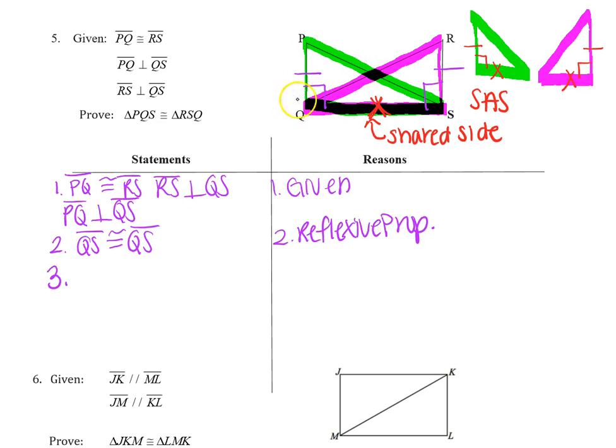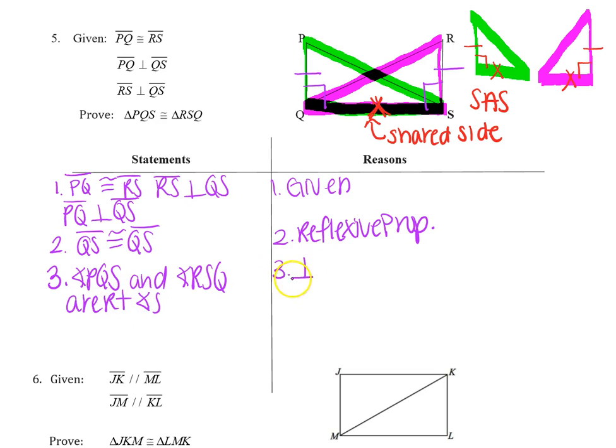You don't want to say angle Q because that's not being specific enough. Let's say PQS. So angle PQS and angle RSQ are right angles.